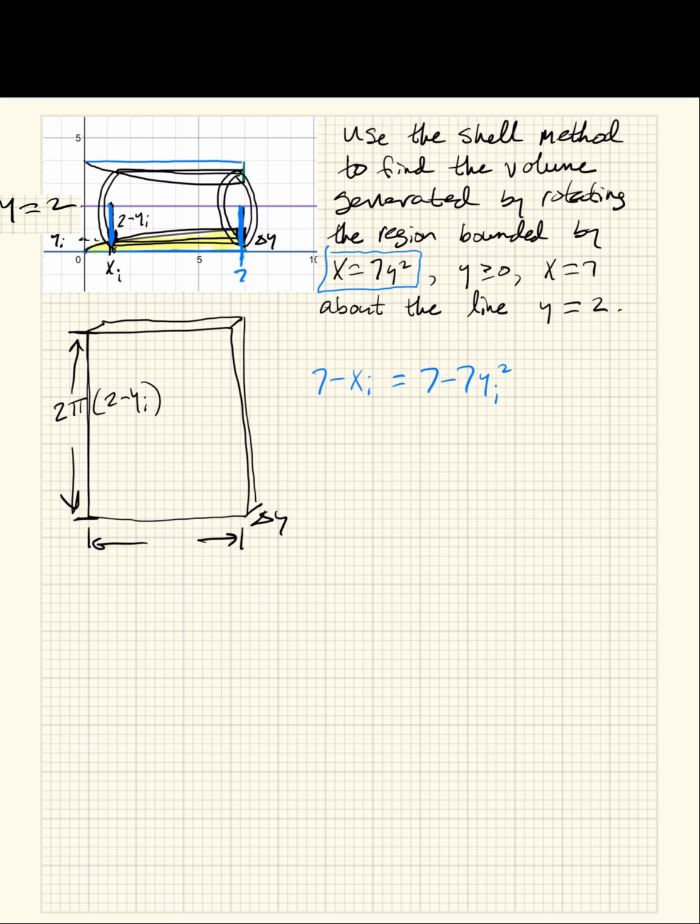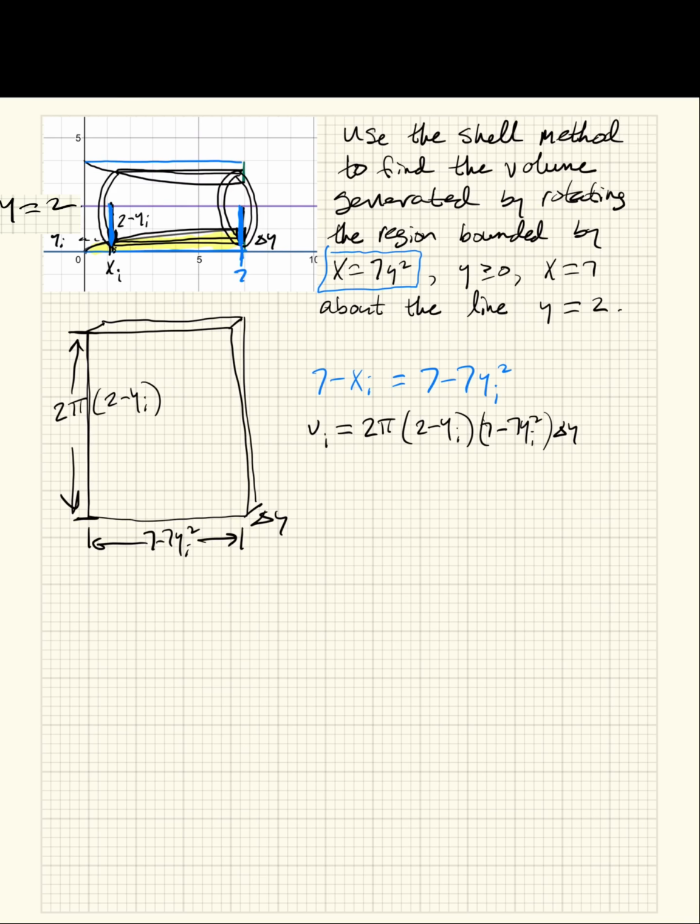So then we can write that dimension of that rectangular solid as 7 minus 7y sub i squared. Now we can describe the volume of one of those shells as 2 pi times 2 minus y sub i times 7 minus 7y sub i squared times delta y.